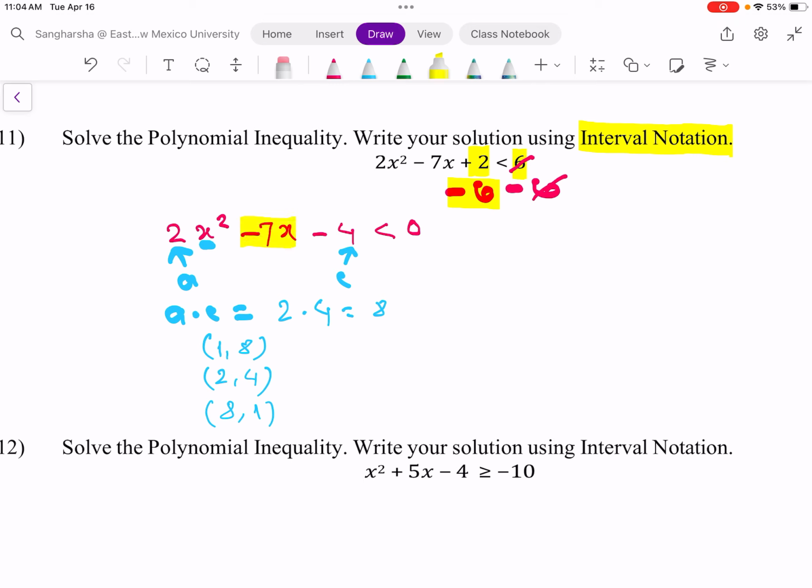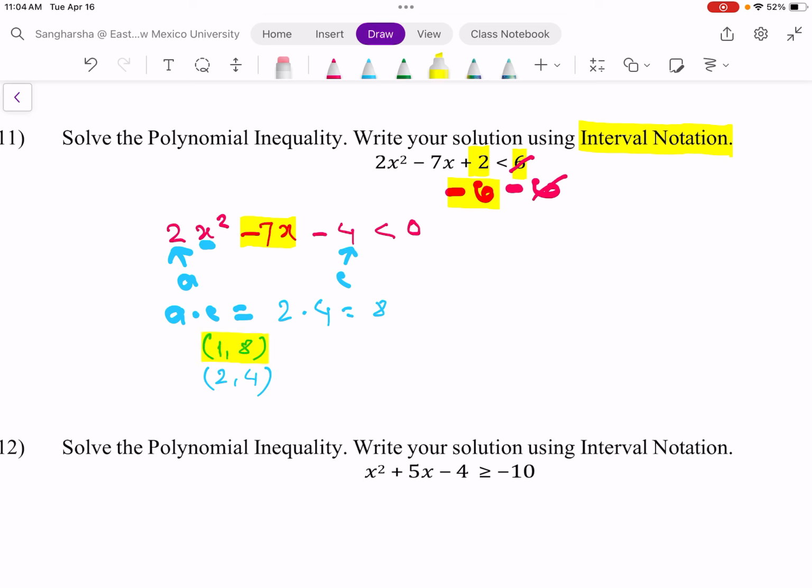Now which pair of factors do we choose to rewrite negative 7x? 8 and 1, right? So you can add or you can subtract these pairs of factors together to rewrite. Oh, 1, 8 and 8, 1 is the same pair of factors, so I think I can just erase this. It's the same pair of factors. So let's choose this pair of factors to rewrite negative 7x.